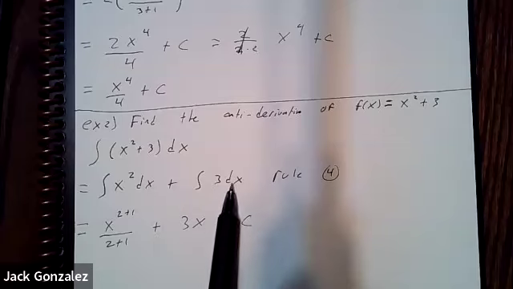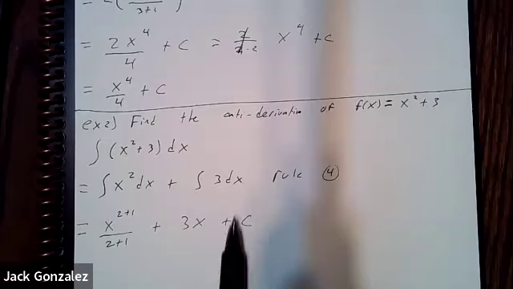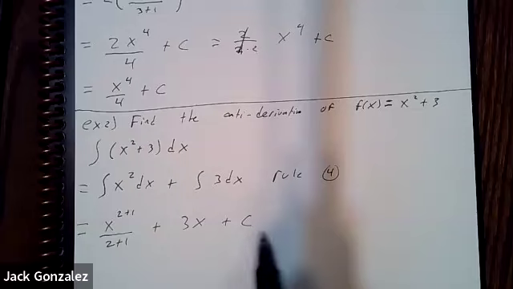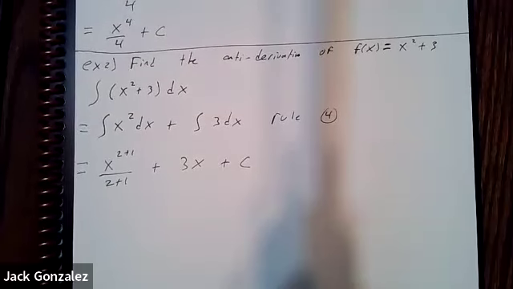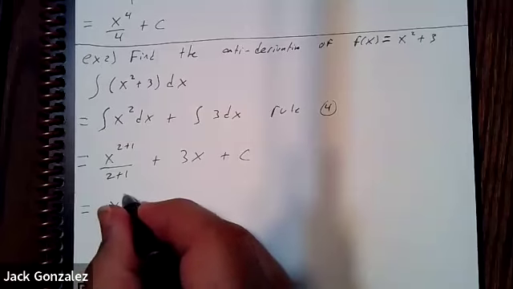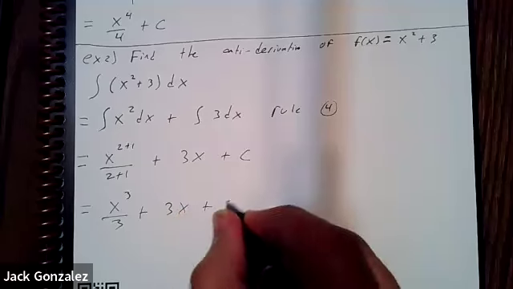Technically, each one produces a c, but you can just relabel c1 plus c2 and let that equal c. So it's just some constant. Doesn't matter. It would be determined by initial conditions, but we're not doing that right now. So just put it at the end so you don't mess it up. So it would be x cubed over 3 plus 3x plus c.